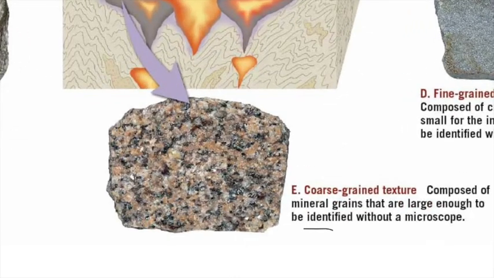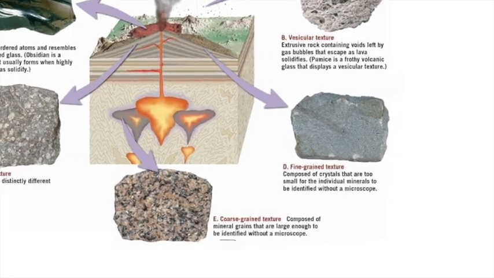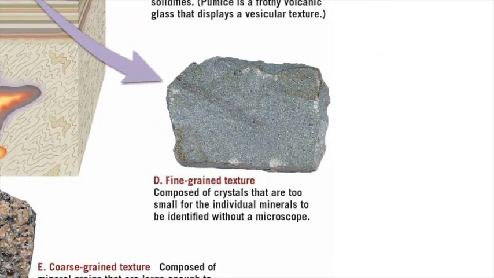Okay. Coarse, anything you can see with your eyes, means that it's going to cool down way deep underground. Okay, so it cools down very slowly and you get coarse grained. Fine grained is minerals you can't see with your eyes. You could see these minerals. They do look like that there's dark and light in the same rock, but they're so little that you couldn't make them out with your eye.